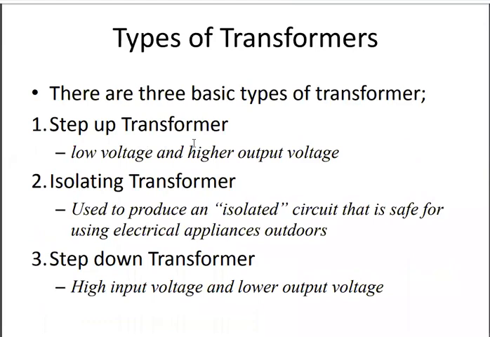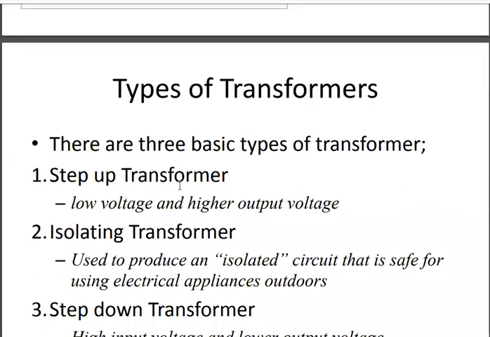So in a step-up transformer, the number of turns in the primary coil is less than that of the secondary coil. Therefore, the ratio of the number of turns of the secondary coil to the primary coil is more than 1. Therefore, the transformer is a step up.